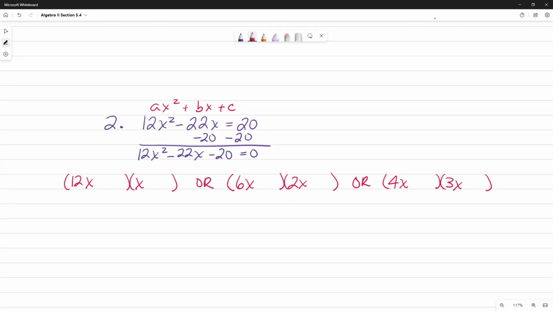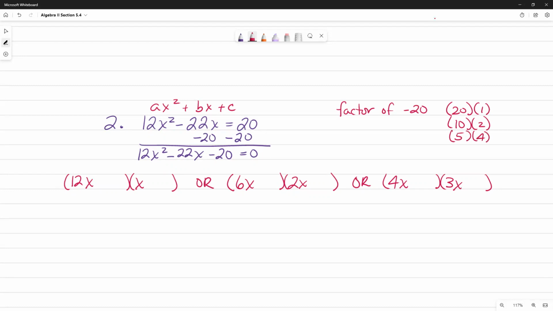Secondly, I have to look at the factors of negative 20. I'm not sure which one will be negative, so right now I just want to look at the factors. I have 20 times 1, I have 10 times 2, and I have 5 times 4.